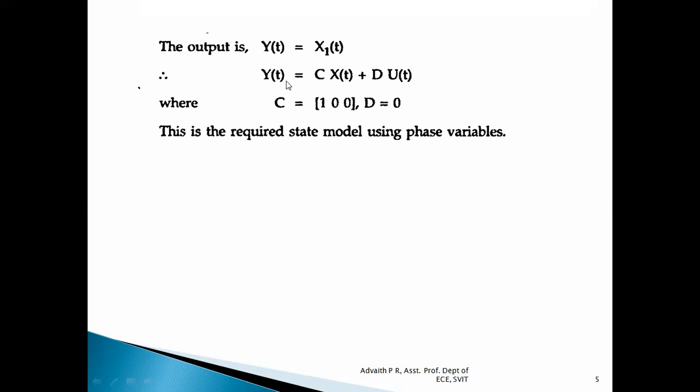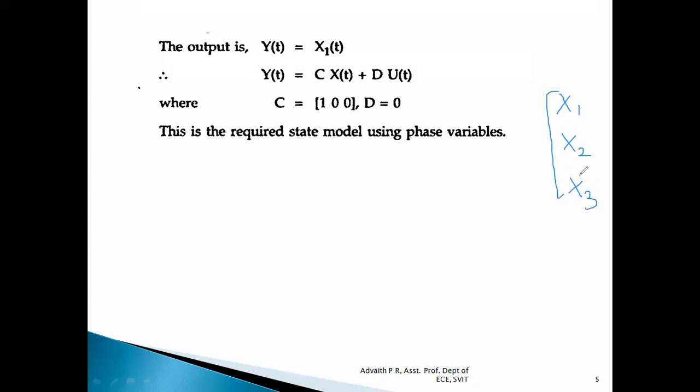We already know that Y of t equals C into X of t plus D into U of t. In this C matrix, we'll have the values 1, 0, 0. The reason is we have only one equation over here, and there are 3 state variables. x1 is the first state variable, x2 is the second, and x3 is the third.